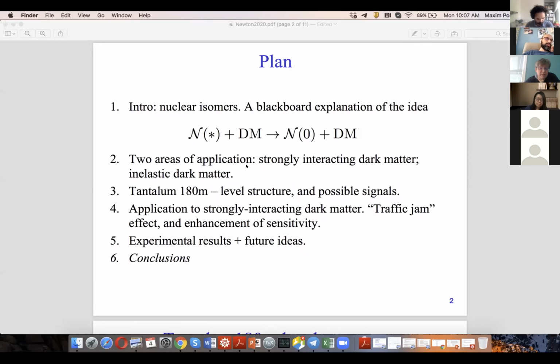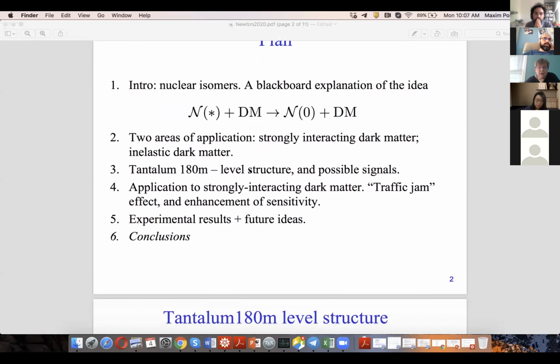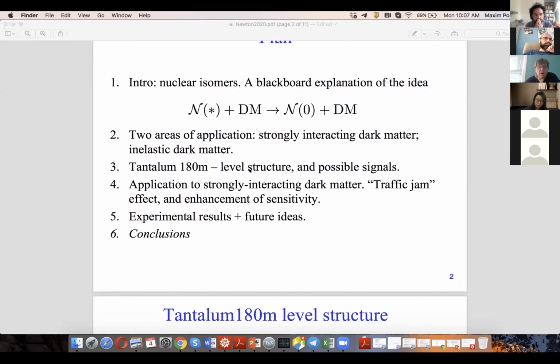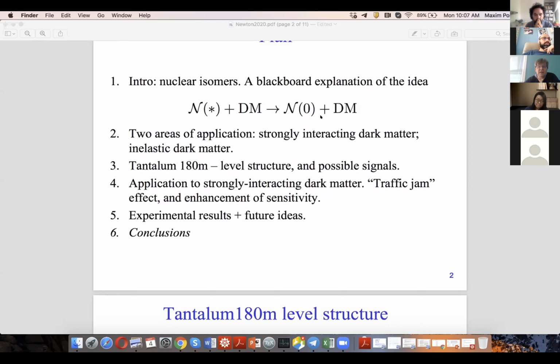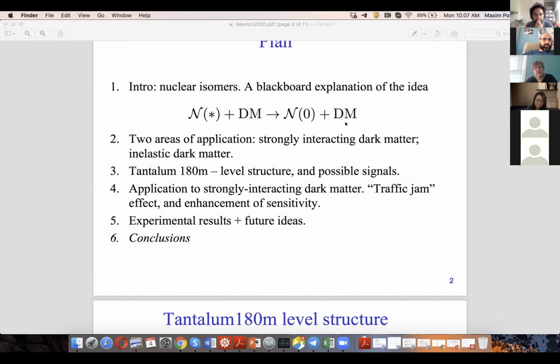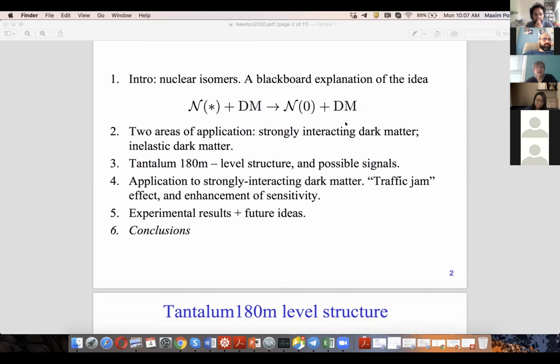So you can use that to highly accelerate the decay, and then either look for some accompanying particles that appear in this decay, or have another dark matter experiment nearby that would basically catch the dark matter that got accelerated. Okay, so this is the basic premise of this work.